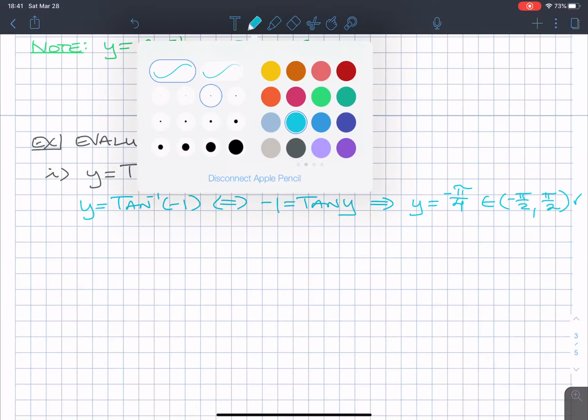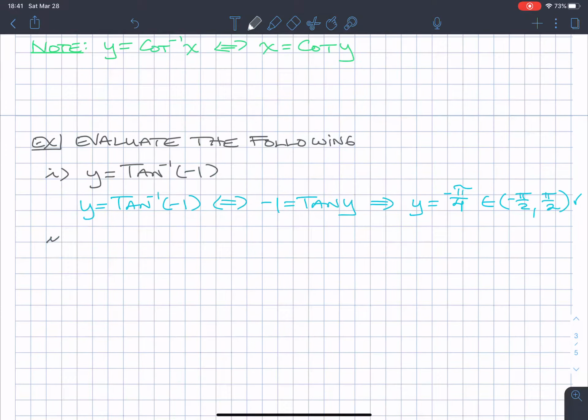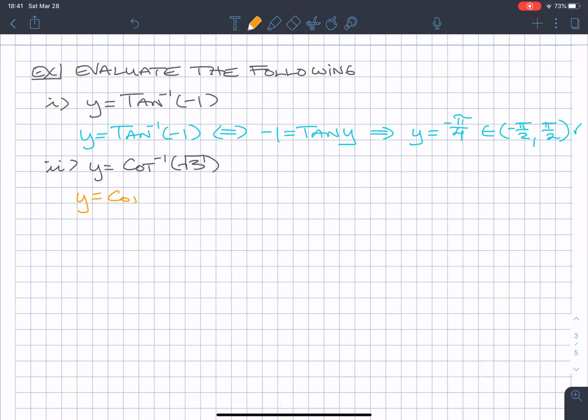Okay, so number 2, let's say we have that y is equal to cotangent inverse of the square root of 3. Let's do a different color, shall we? How about orange? So if y is equal to cotangent inverse of the square root of 3, this is equivalent to saying the square root of 3 is equal to regular cotangent of y.